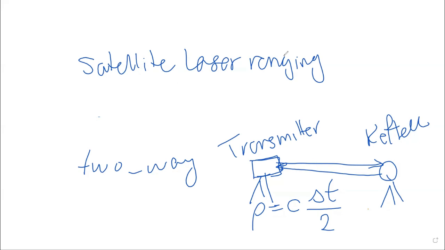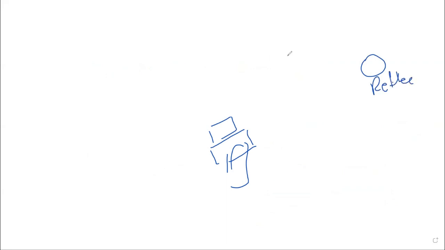The satellite laser ranging actually has the same principle. We have a telescope, and we have a reflector, which is on the satellite. The signal is sent to the reflector on the satellite, and will be received.